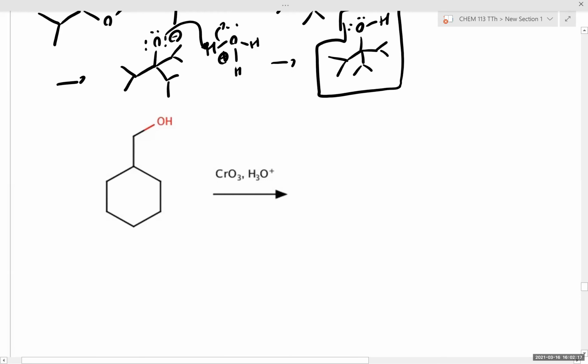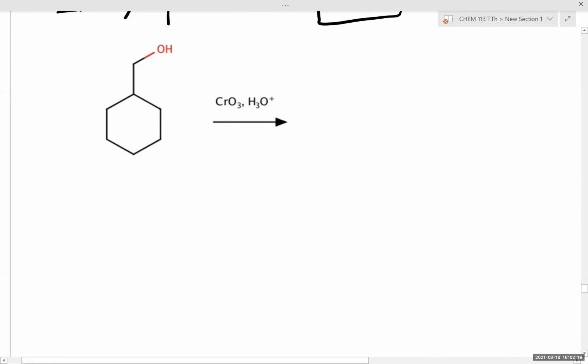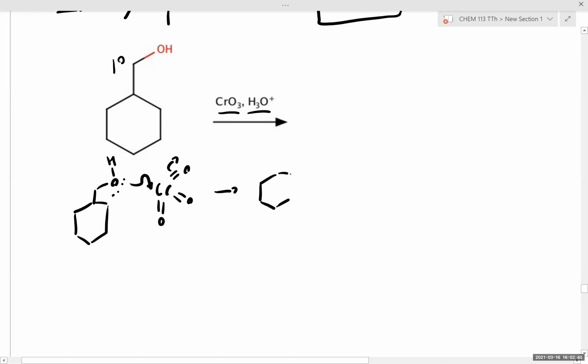Okay, let's look at this last example. We're treating a primary alcohol with chromium 6 oxide under acidic conditions. These are textbook exhaustive oxidation conditions. So in our first step, our nucleophilic oxygen atom is going to attack our electrophilic chromium atom.